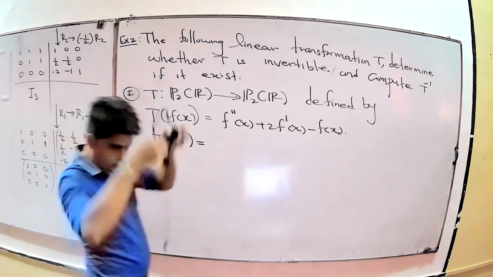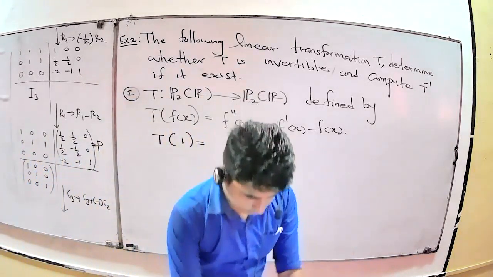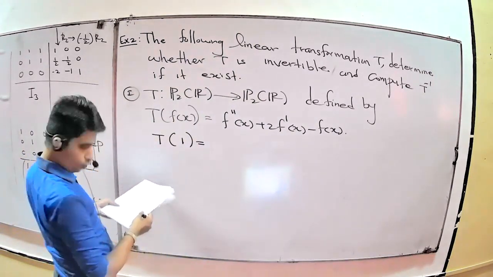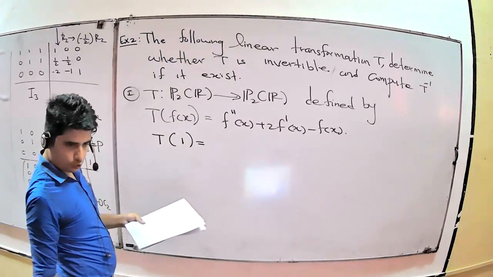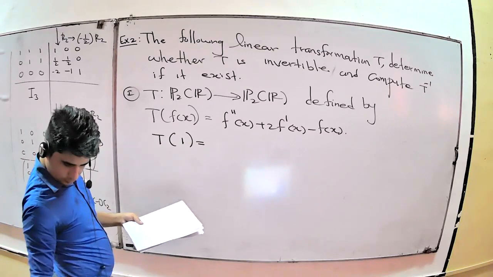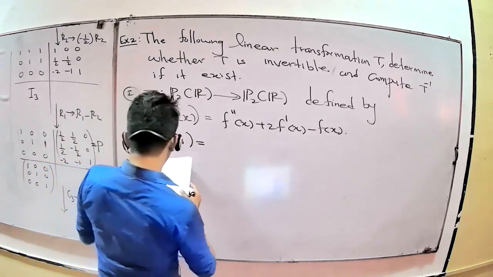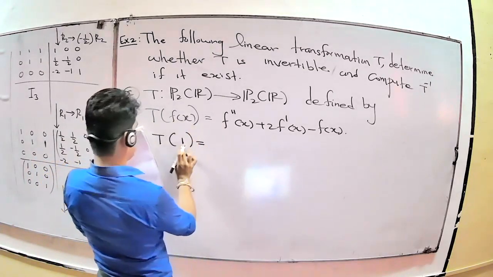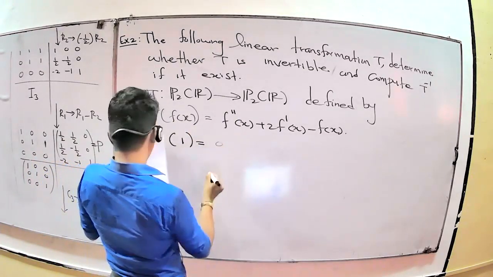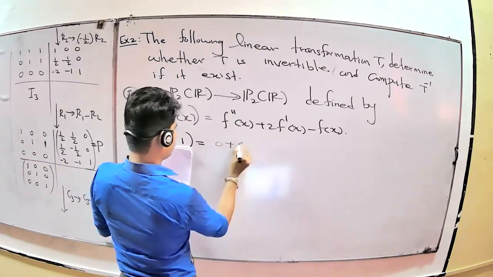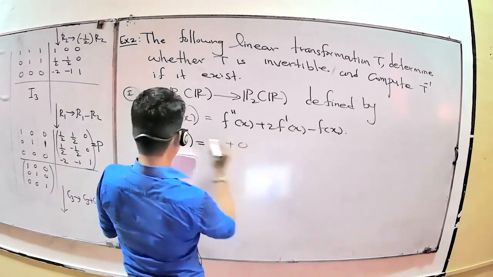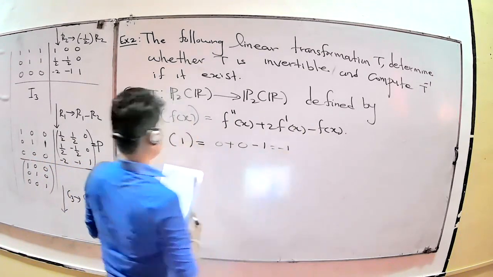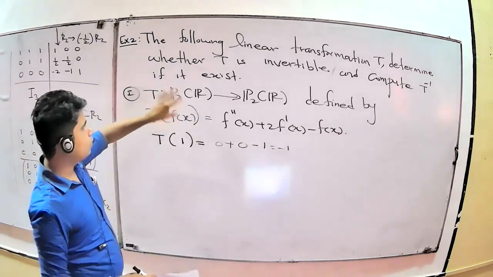Now you want to find T of 1, because you want to find the representation matrix. Suppose T of 1 means here your f of x value is 1, therefore f double dash is 0, f dash is also 0, and here minus f(x) gives minus 1. Now you take the ordered basis for this, both are the same, right?